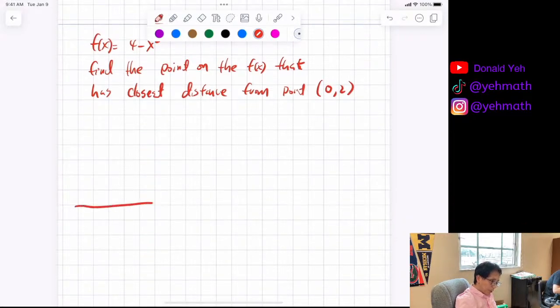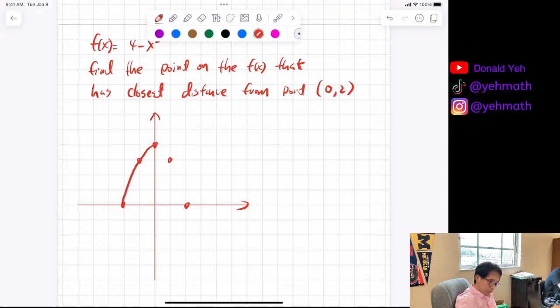I'm going to illustrate to you what happened. There's a point, there's a black point. Which point on the curve is closest to the black point?